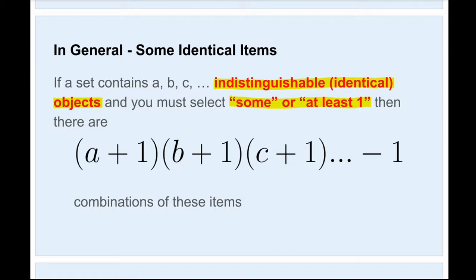It becomes the number of the first object plus 1, times the number of the second object plus 1, and so on. And then we still subtract 1 for that null set, or that set where we don't have any. The idea is the same as the previous one. Rather than it being 2, it's either selected or it's not. Here, depending on how many objects we have, that's going to change how many possible selections we have for each one. And then we still subtract the 1 for the option where we don't select any of them.